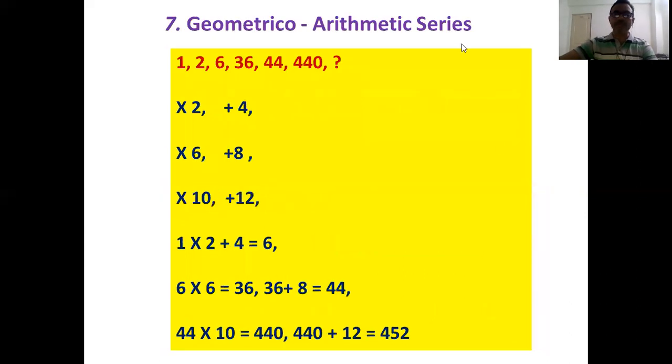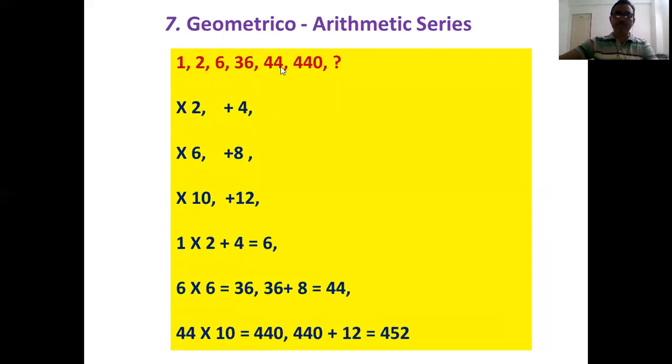Now we have another type of series, that is geometrico-arithmetic series. If you multiply the first element by 2 and then add 4 to it, you will get the second element. If you multiply the third element 6 by 6, you will be getting 36. And if you add 8 to 36, you are getting 44.